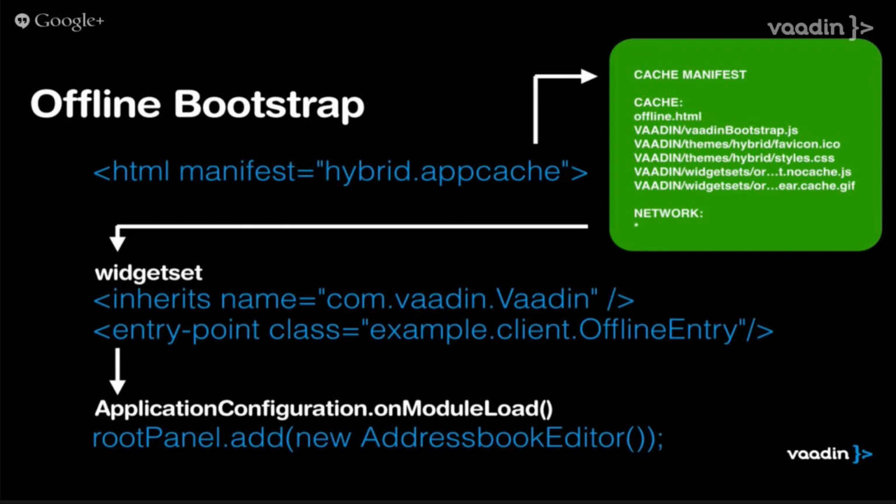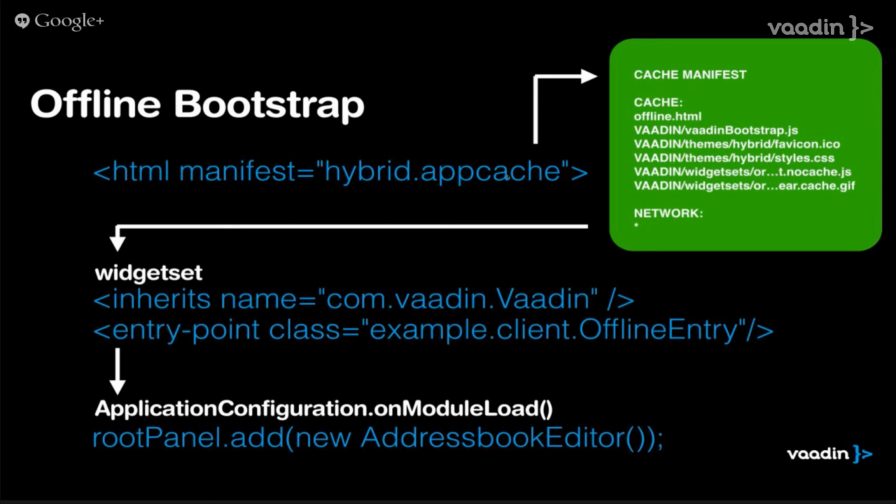On a static web page, you could declare this by just adding a manifest attribute to your HTML file. On a Vaadin application, there is a bit of extra trickery to modify the generated web page, but in the end of the day, it just adds this on the HTML tag as an attribute.